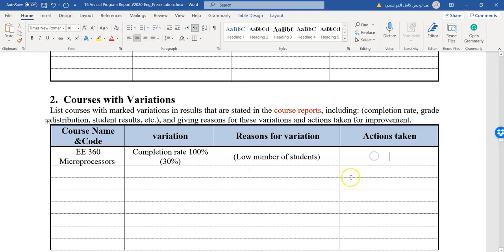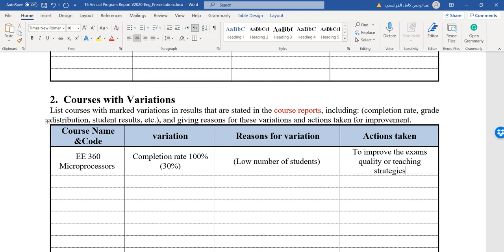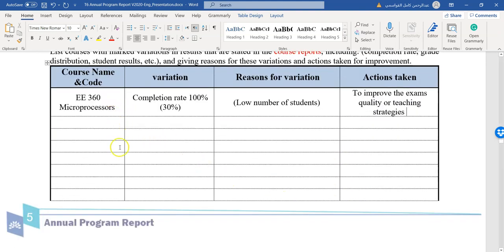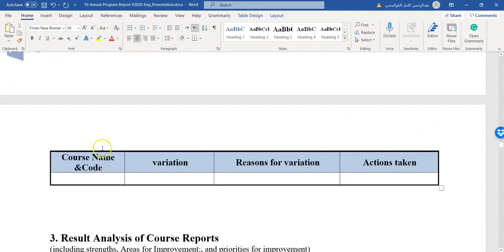The action taken, for example, is to improve, for example, the exams quality, or teaching strategies, and write your action here, and the same for all courses in this section.